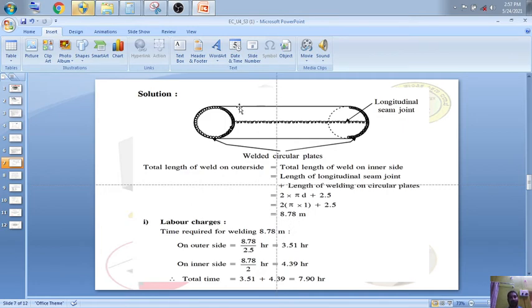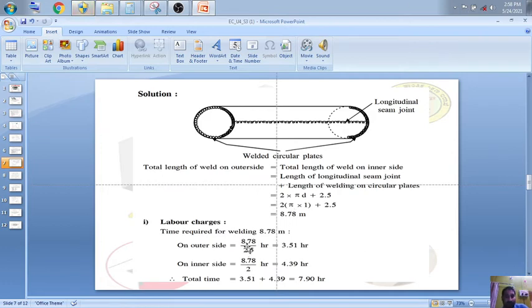That is for the outside only, and the inside is also the same. Inside, we have to weld on the top and bottom plates and lengthwise also. So the inside is 8.78 meter and the outside is also 8.78 meter. But the welding speed is different.